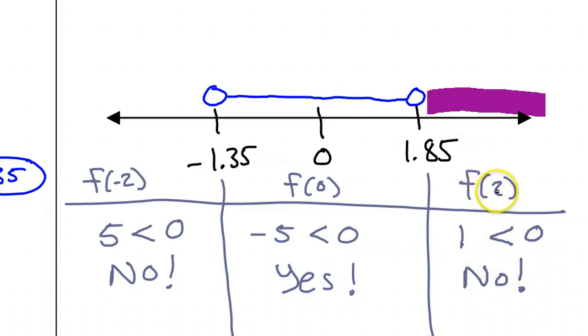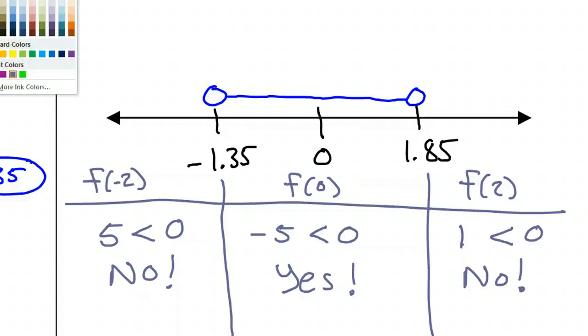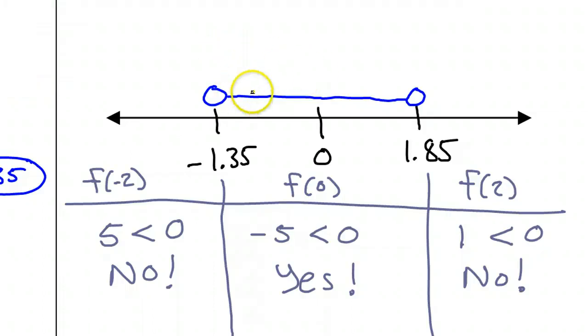That means 2 is not a solution, which means that none of these purple values are solutions. So this is a complete graph of the solution set, and we could go ahead and write interval notation for this. In interval notation, we're going to use round parentheses because we're trying not to include the endpoints, and we'll say negative 1.35 to positive 1.85.